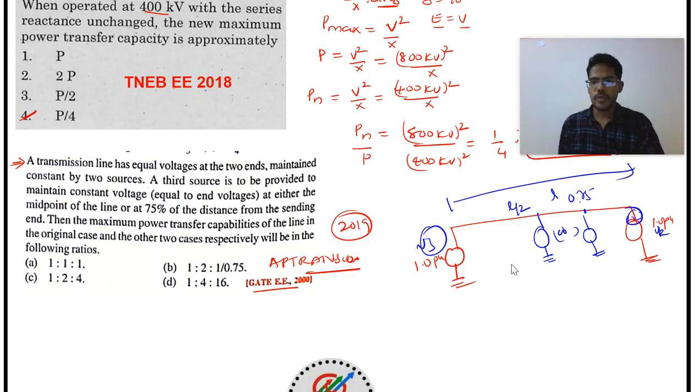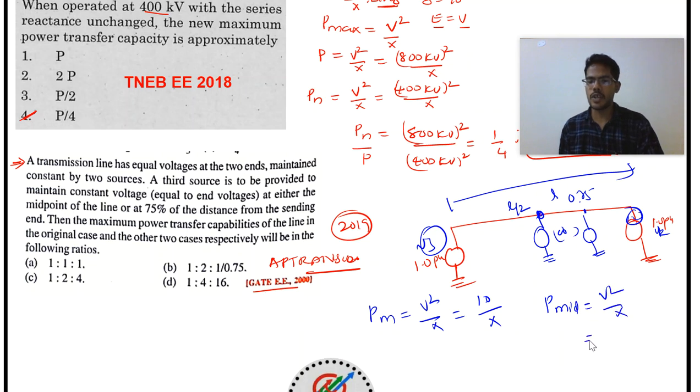From this, if you take the first case, P max is equal to V square by X here. V square means 1.0 whole square, which is 1 only, divided by X, let's say the X value. Now in the second case, at the midpoint, I can say V square by X, but here X is going to be what?